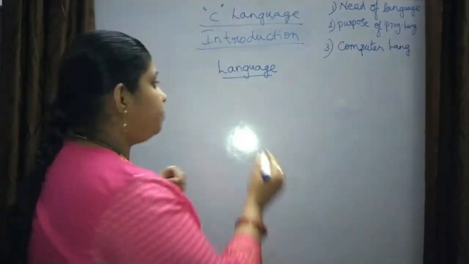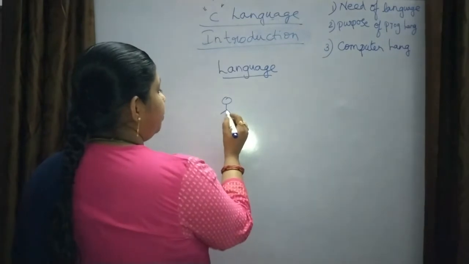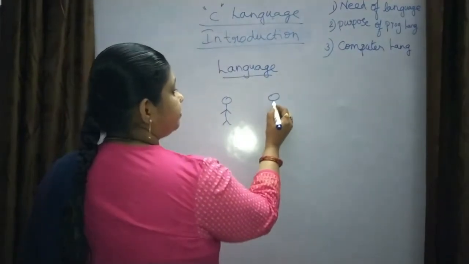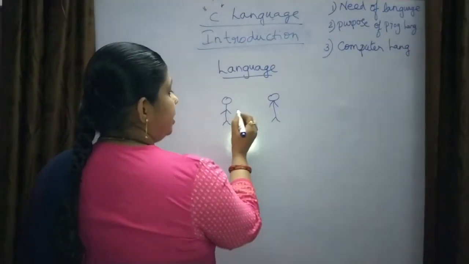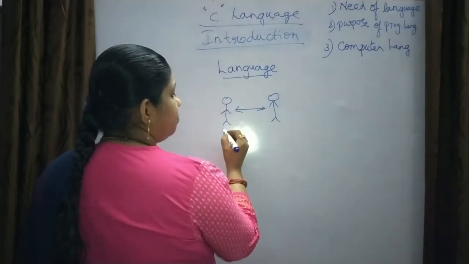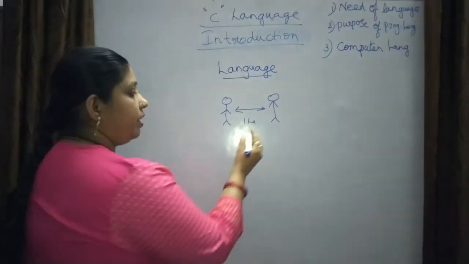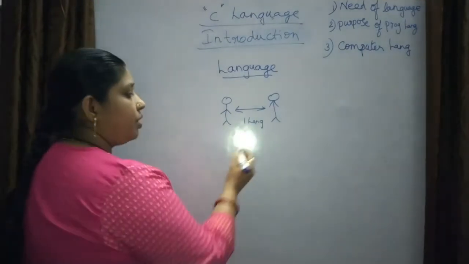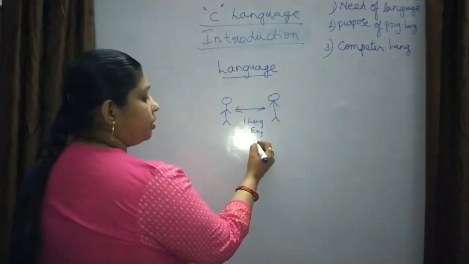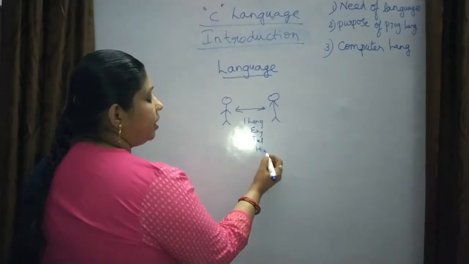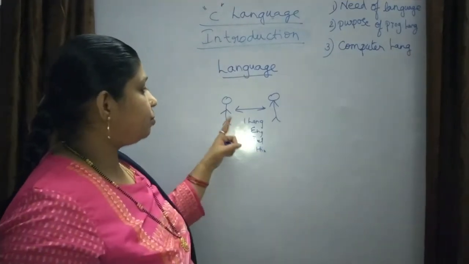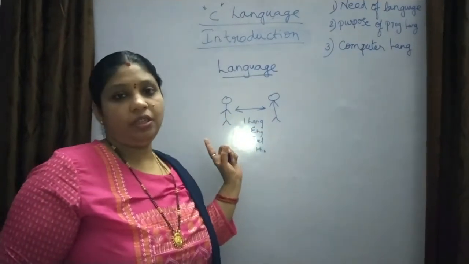Now if two persons want to communicate with each other, these two persons should know one language, whatever it is, English, Telugu or Hindi. That language should be known by both of the persons.